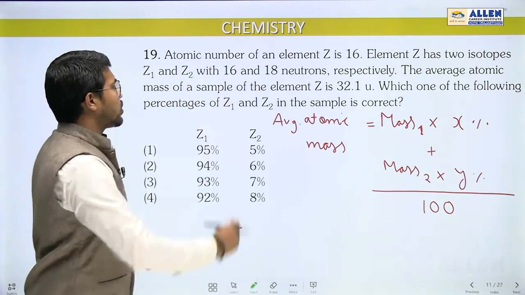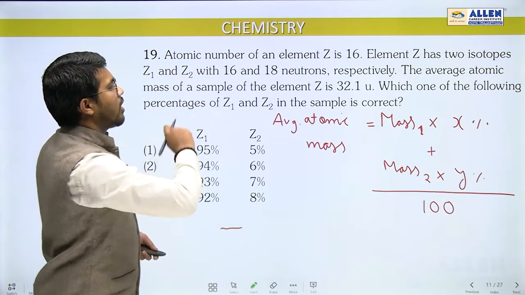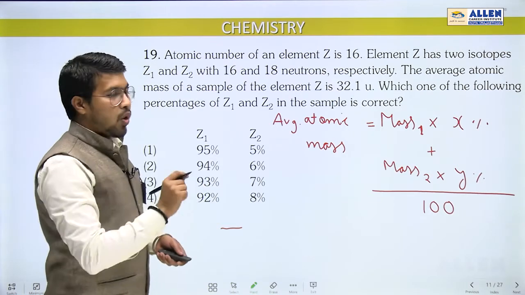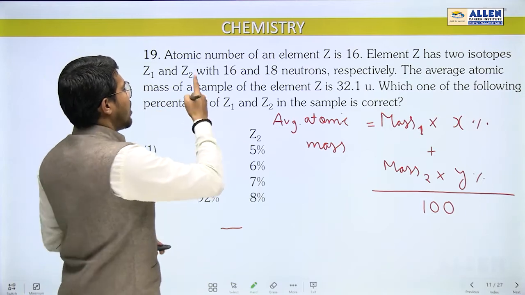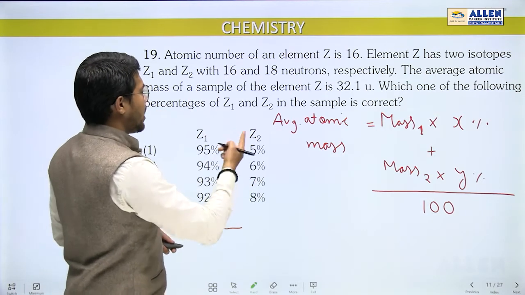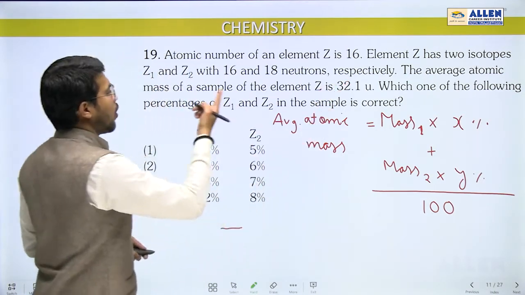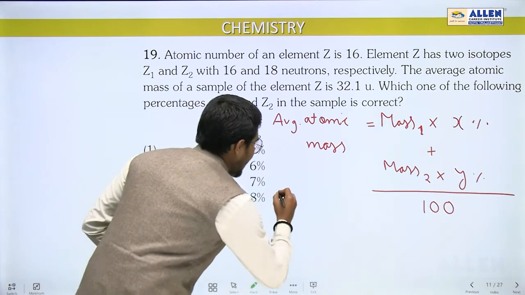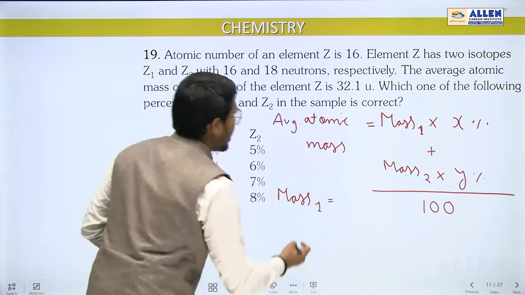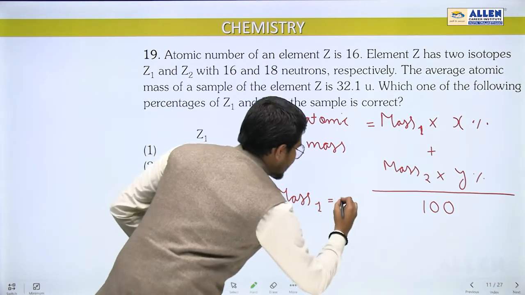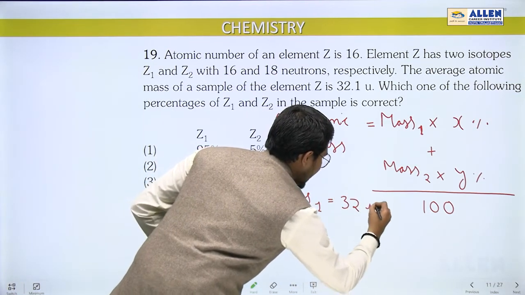So we know that the atomic number for element Z is 16. We can calculate mass 1 since we have been given the number of neutrons. Mass 1 is 16 plus 16, that is 32 U, correct?